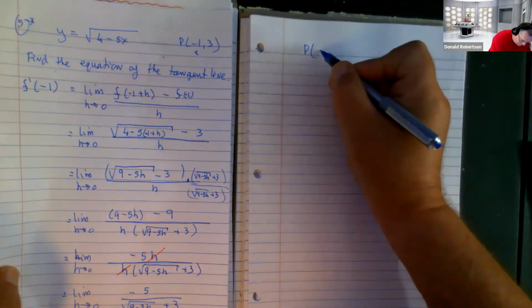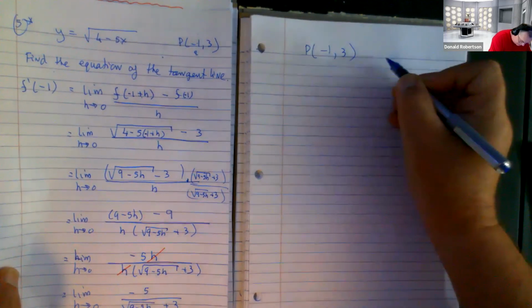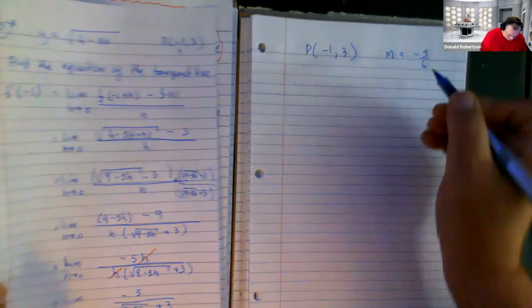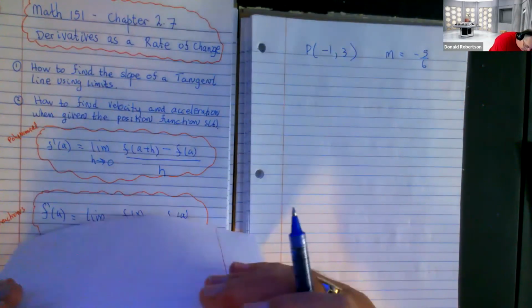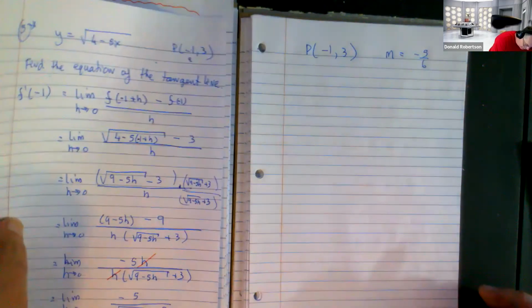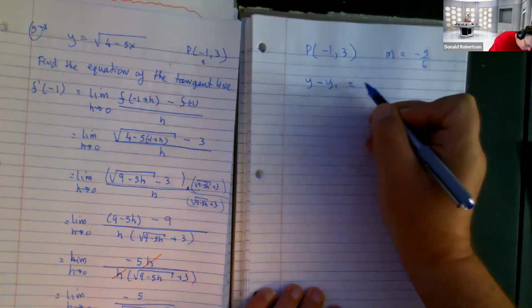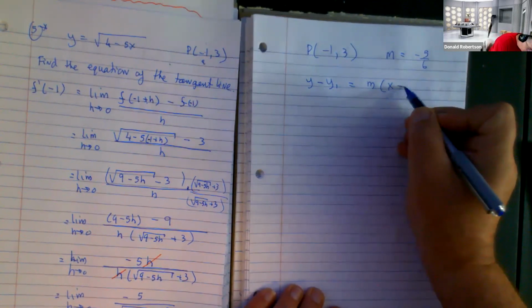I know the point of interest. I know the slope of the tangent line. So I should be able to get the equation of the tangent line by doing the point slope equation. This guy is called x1, y1.